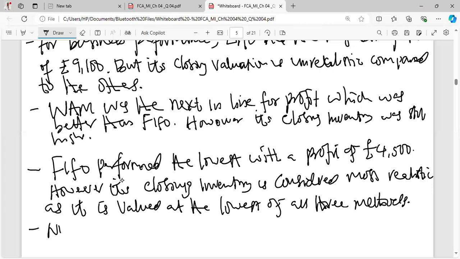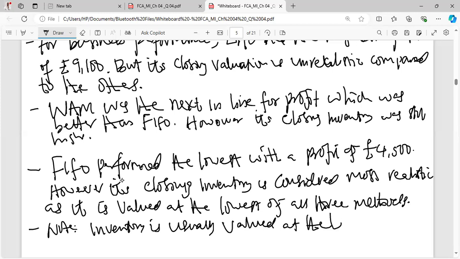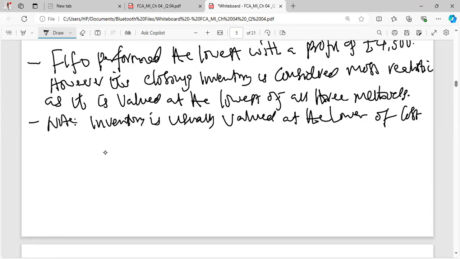Note, inventory is usually valued at the lower of cost and net realizable value.